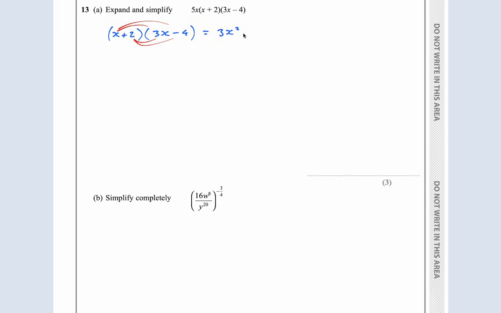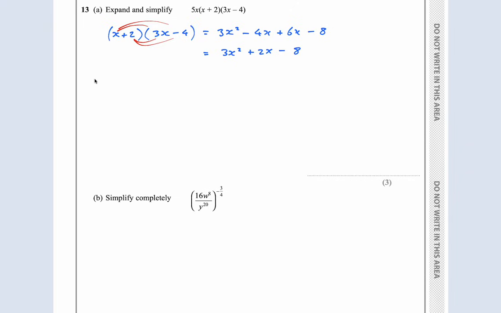X times minus 4 is minus 4x. 2 times 3x is plus 6x. 2 times minus 4 is minus 8. And this is equal to 3x squared plus 2x minus 8.